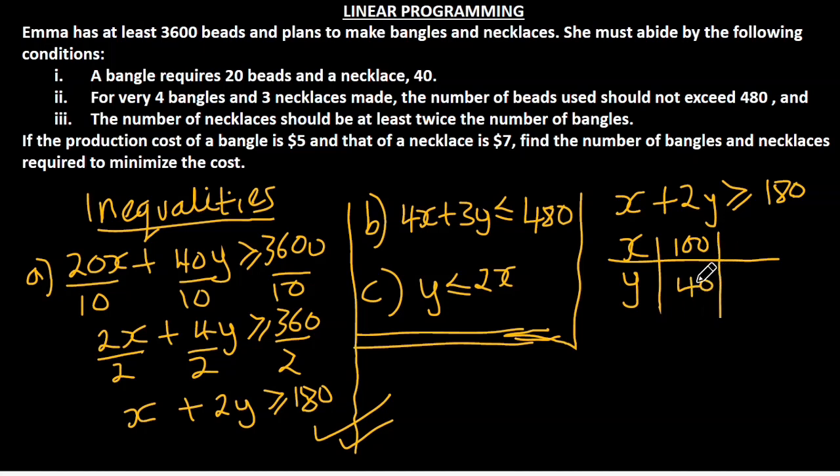And if we are using the intercepts method, then we can ask ourselves, what if x is 0? What is y here? y is simply 90. Again, what if y is 0? If y is 0, then the whole of this expression shall be 0, so x is 180.